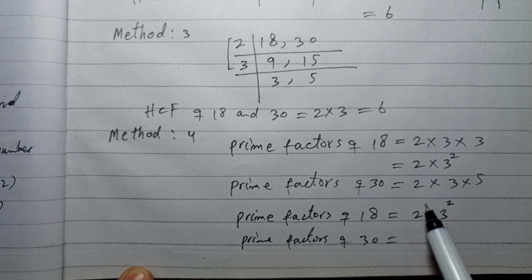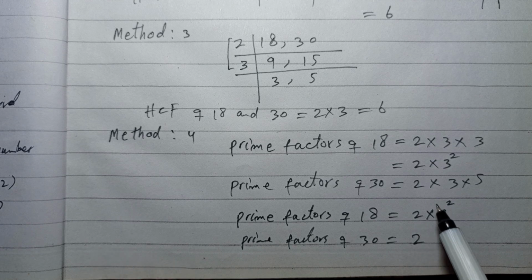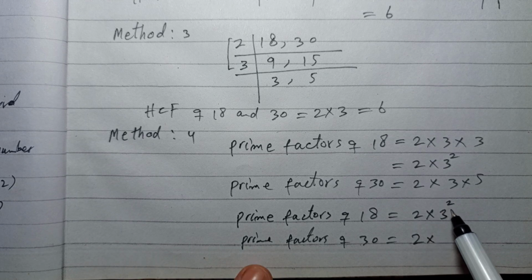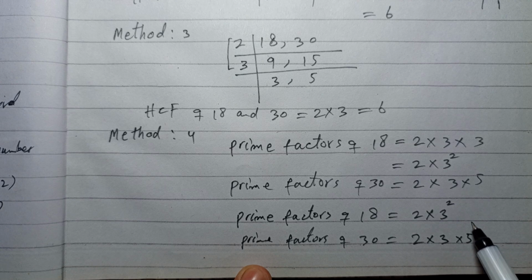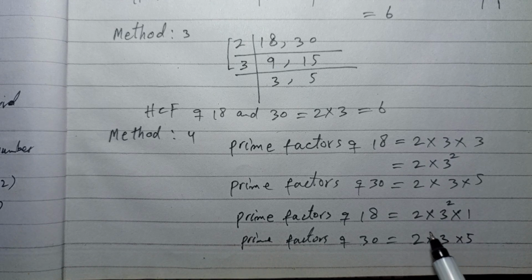Write this 2 in the line of these in the form of a column, then multiplication sign, then this 3 below this one, and 5 will remain alone because here is no 5. You will write here 1. So you arrange these like this, and now you see here 2 is below 2 and 3 is below 3, and there was no 5, so I wrote here 1 to equalize these.